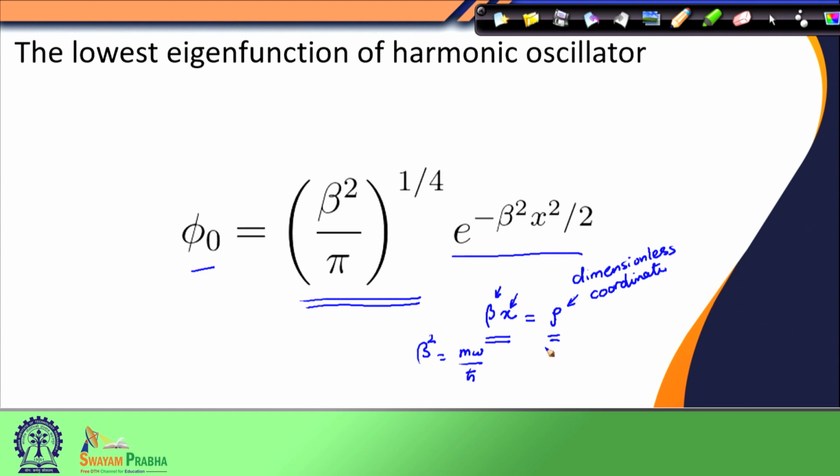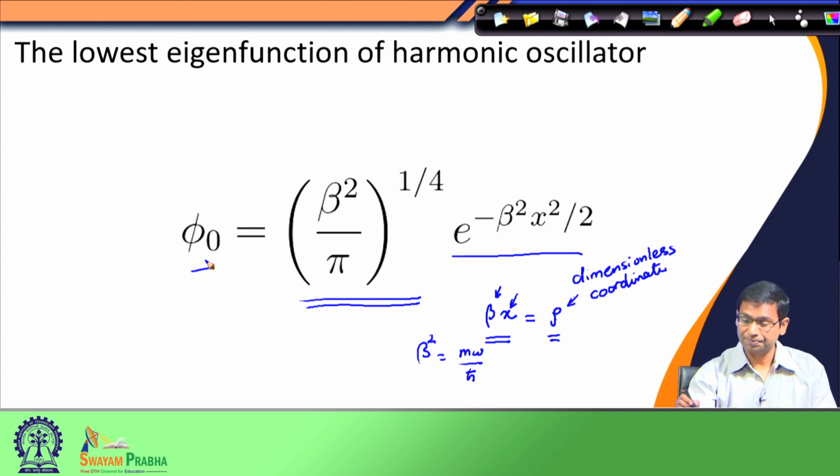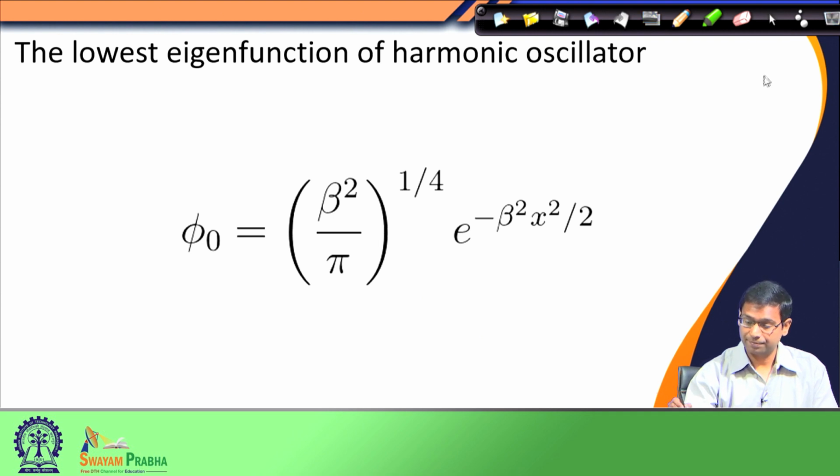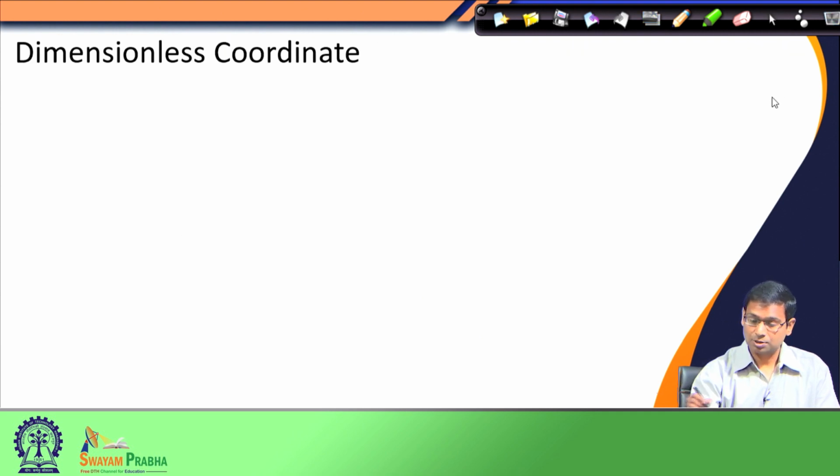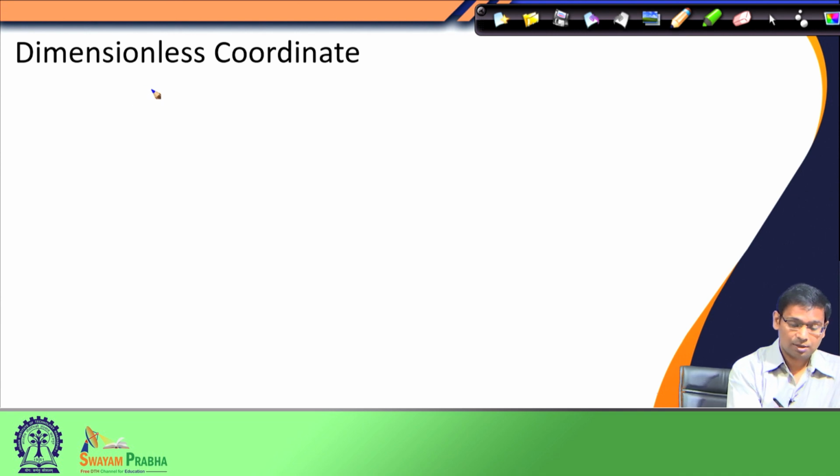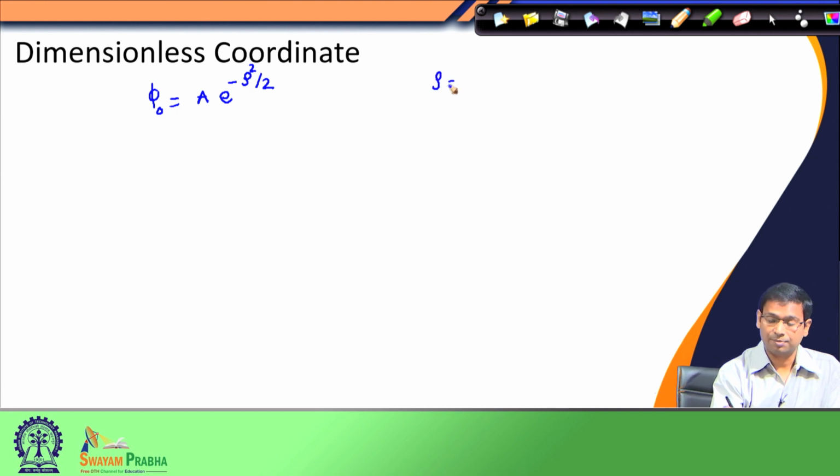We will redefine the lowest wave function of harmonic oscillator in the dimensionless coordinate. So, in the dimensionless coordinate, we have phi 0 as the normalization constant A multiplied by e to the power minus rho square by 2, where rho is defined as beta x.